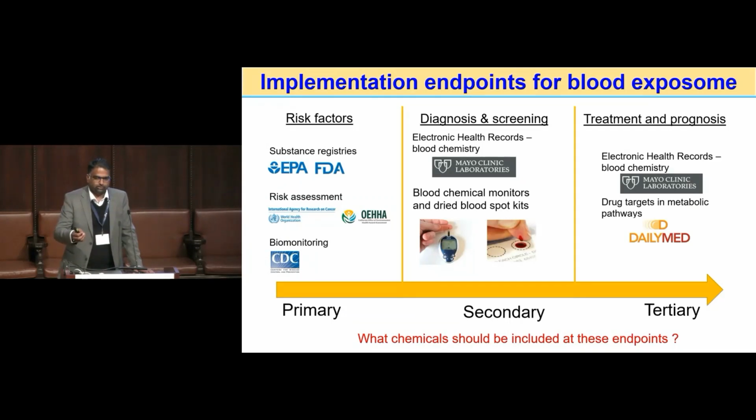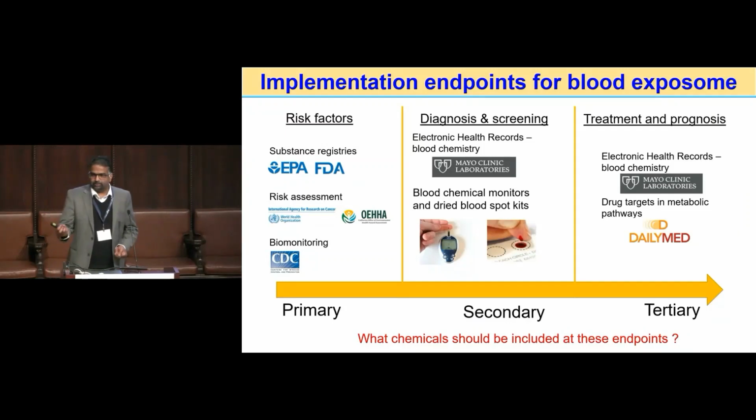And blood metabolomics or exposome research can recommend new chemicals that can be included in those blood chemistry tests. And for developing chemical monitoring and analysis of dry blood spots in a targeted way, the research can recommend new chemical candidates.